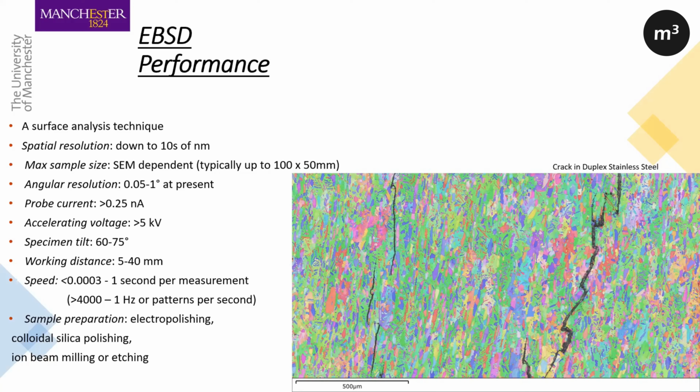And then we need some probe current, of course, to get some signal, and this is typically a minimum of a quarter of a nanoamp. Usually below that, the phosphor screens aren't efficient enough.